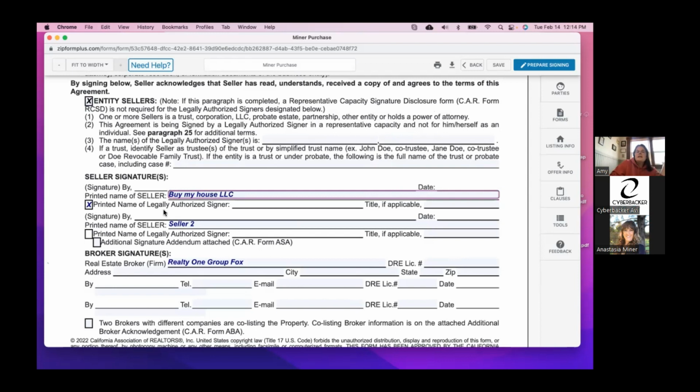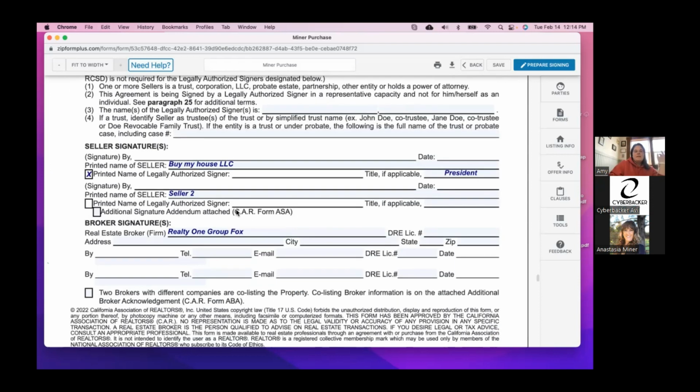That would be the legally authorized seller. And then whoever's authorized to sign on behalf of the LLC would sign up here. And then they would type their name in here. And if applicable, like on an LLC, they would also put in president, right? What their role is with the company. Okay, so that's how that works there.